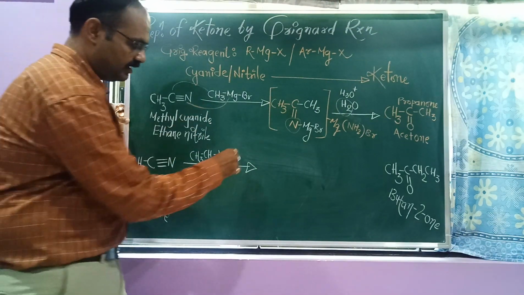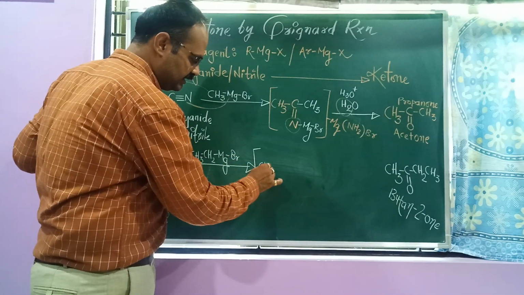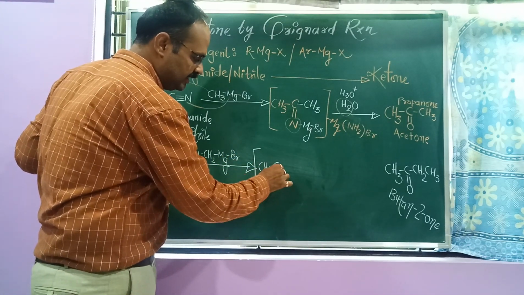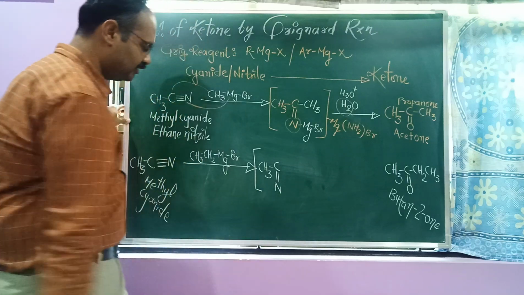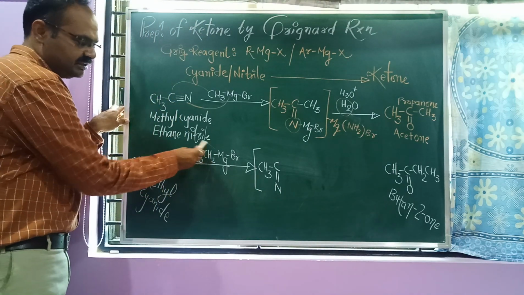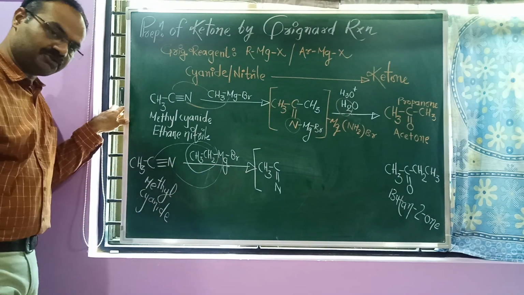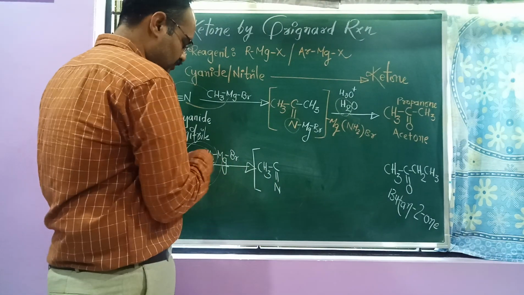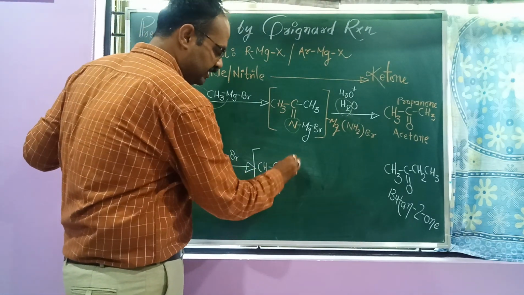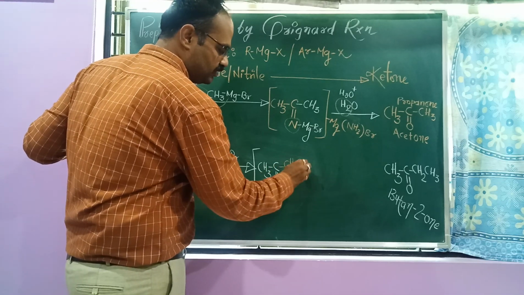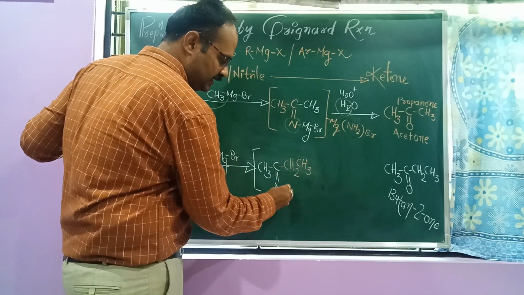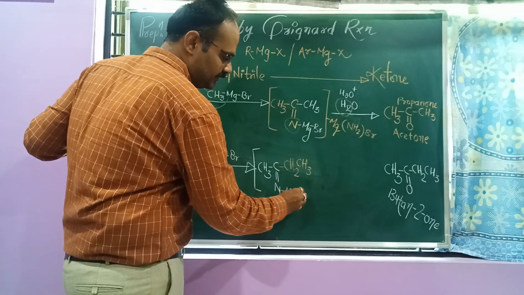Again, as we discussed in above case, in CH3CN one bond is broken. This ethyl group will attach with carbon and MgBr will attach with nitrogen. I am writing with color chalk here, CH2CH3, ethyl group will attach here and MgBr will attach here.